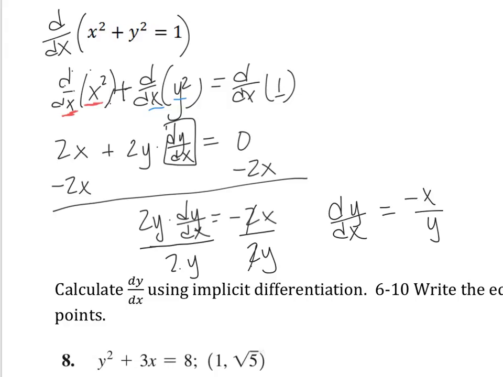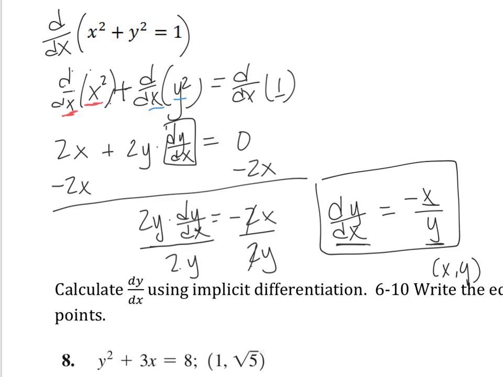Now, what I want you guys to notice is that this is my derivative, but it's in terms of the variable x and the variable y. Remember, this is going to do the same thing as any other derivative. It is going to generate the slope of the tangent line at any point, but I have to have an x value and a y value.